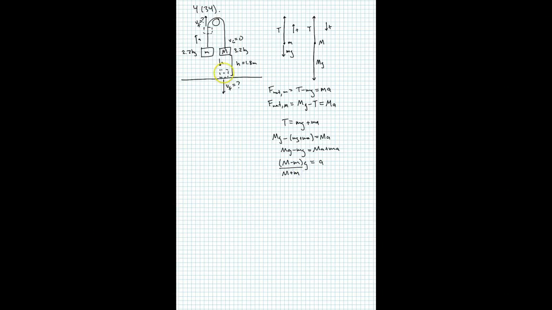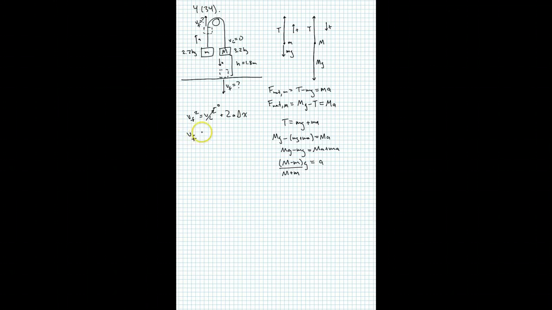Now over here I have my kinematics diagram set up. We're interested in how fast it's going at the bottom. We know how fast it's going initially, we know the displacement, and we know now the acceleration. So I'm going to use this: VF squared equals VI squared, that's 0, plus 2a delta x, and delta x is h.